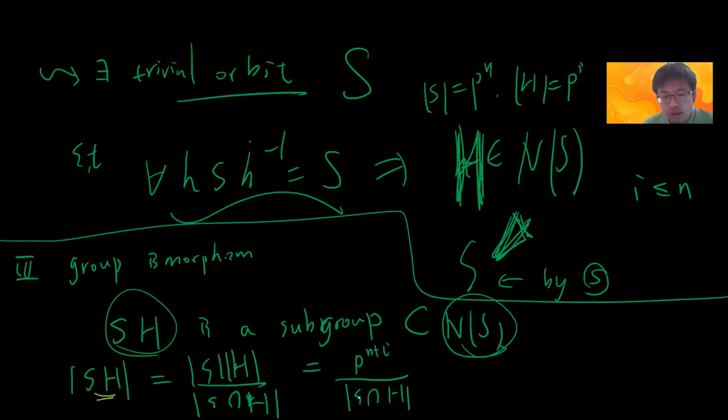So this SH is another subgroup which is at most prime power. So from here you know that SH must be S, as a number of the sets. That tells you that SH is another Sylow group.